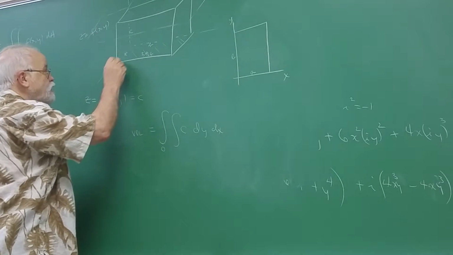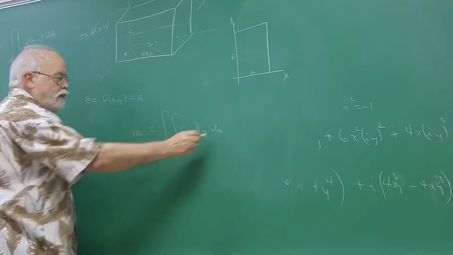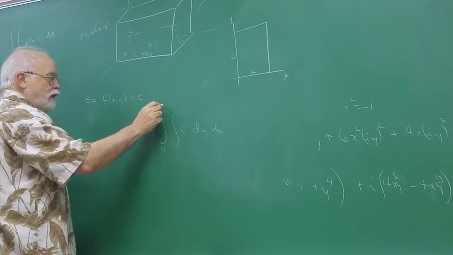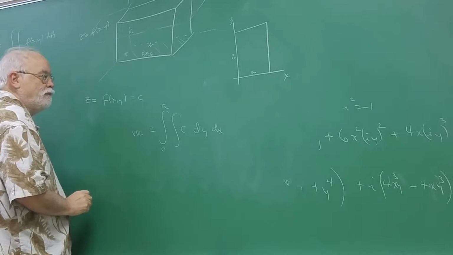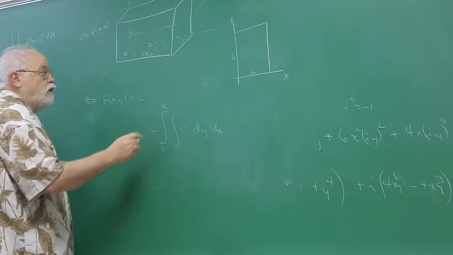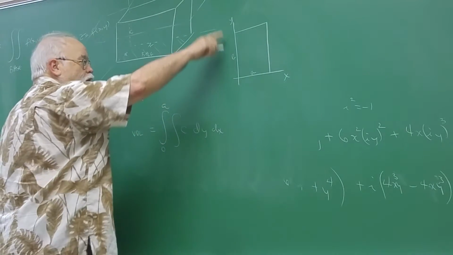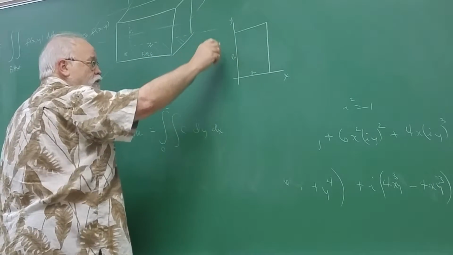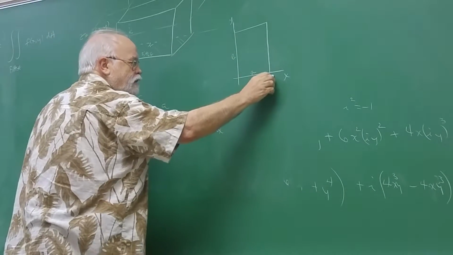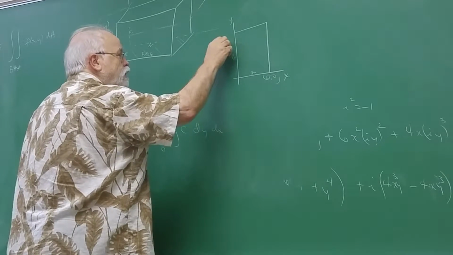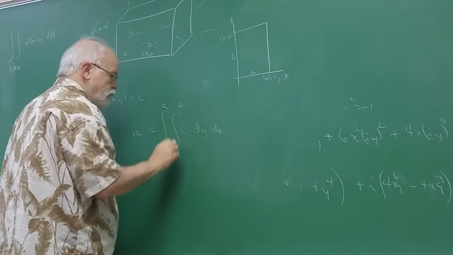A goes along which axis? The x. This is an x integral, so A. And y goes along this axis, that's B. So this is A, 0 right here, and this is 0, B.